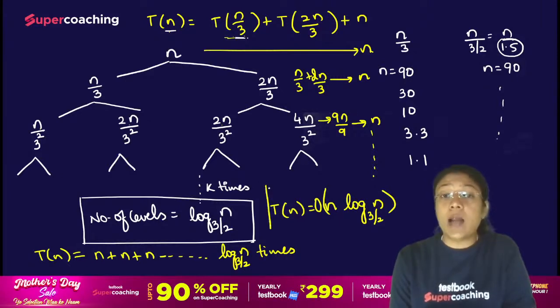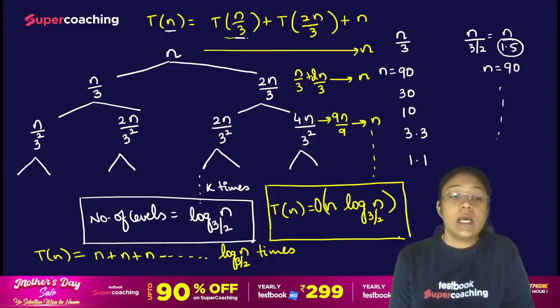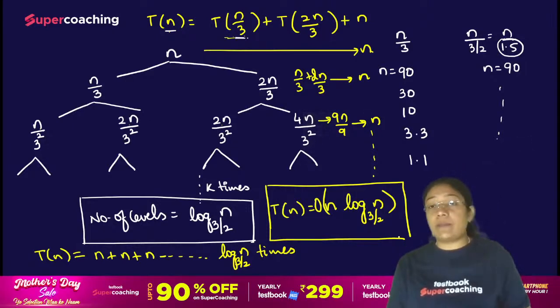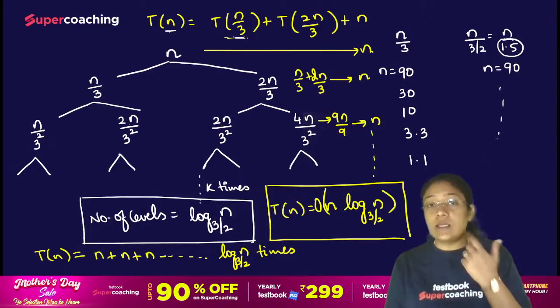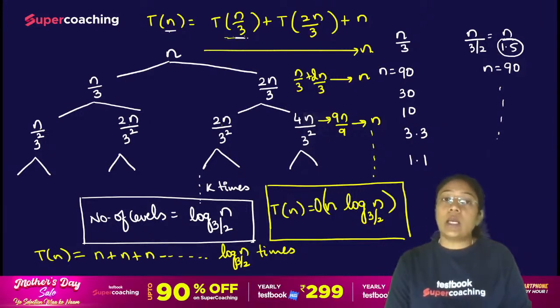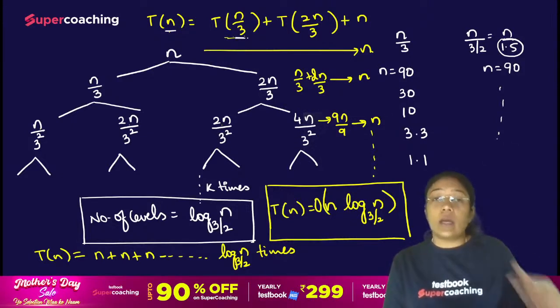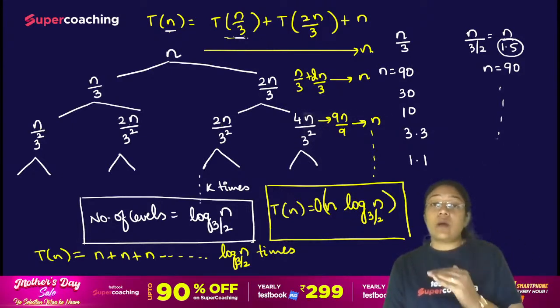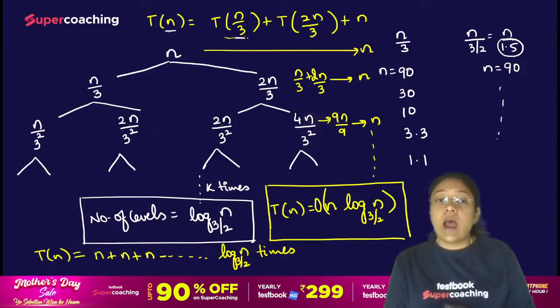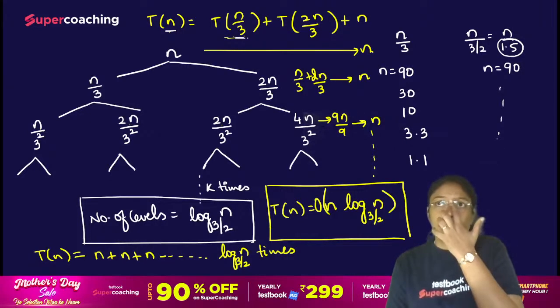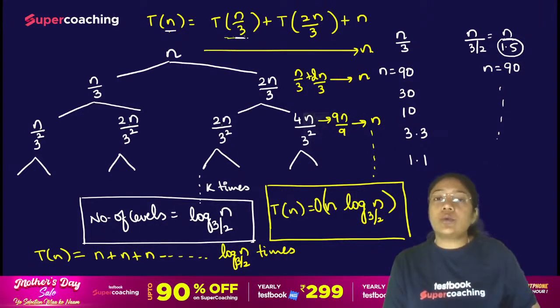There is no hard and fast rule कि हमेशा आपके पास n log n time complexity आएगी. This is just जो अभी हमने examples consider किए. By chance in this we are getting n log n in both the cases, but there is no hard and fast rule that every time this is going to return n log n. So it depends on how much time it is taking at each level. And a similar question was asked in the recent GATE paper, not in 2023, it was asked in 2022.